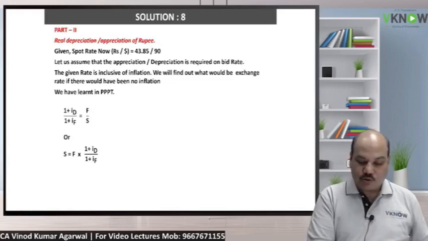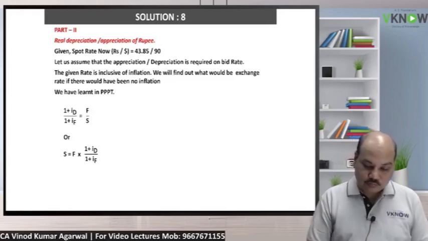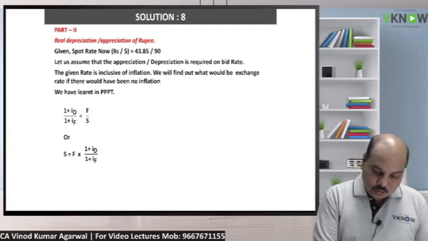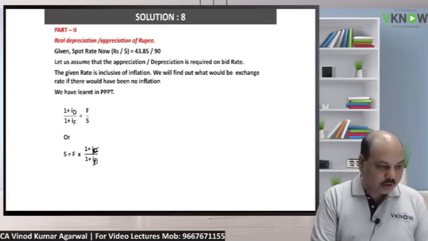S = F into (1 + IF) / (1 + ID), cross multiplied.